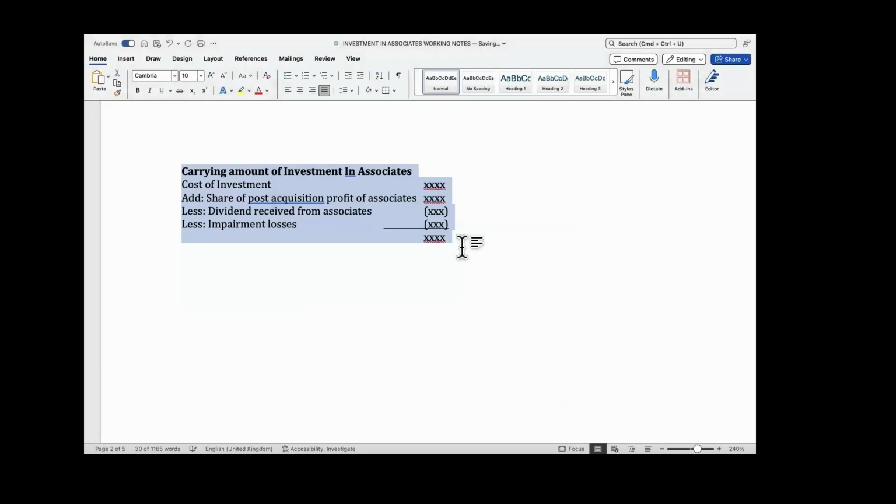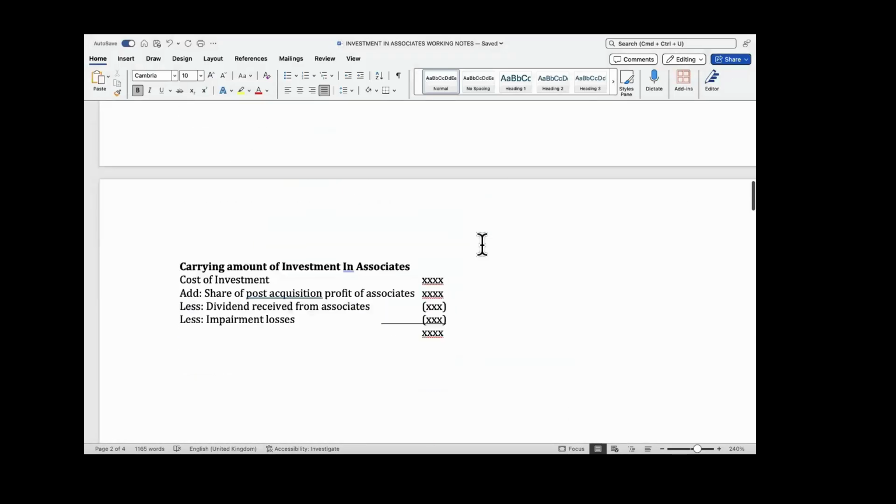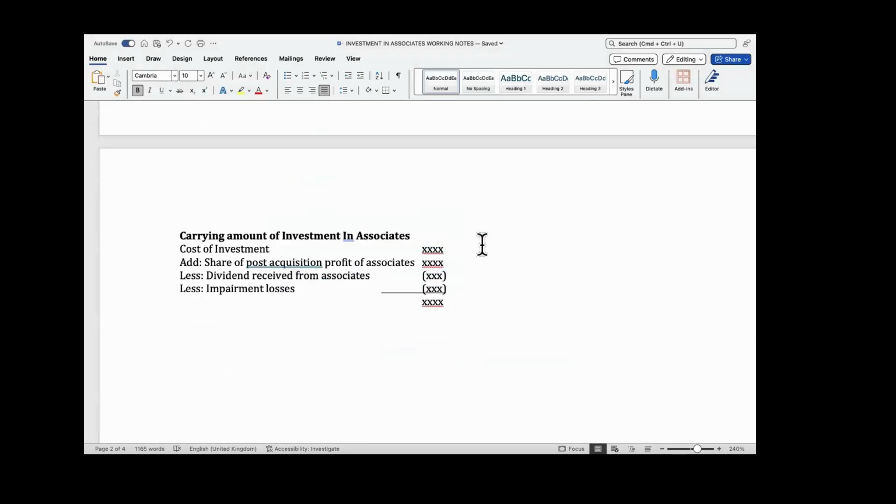The truth is that the above amount is the only item that is included.